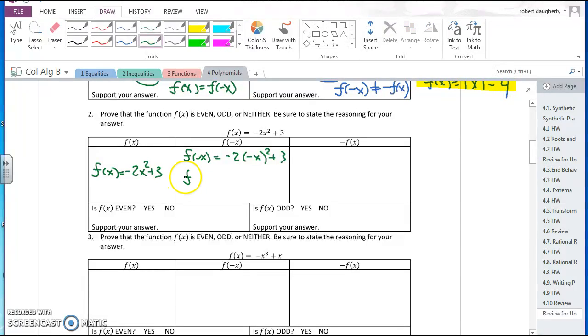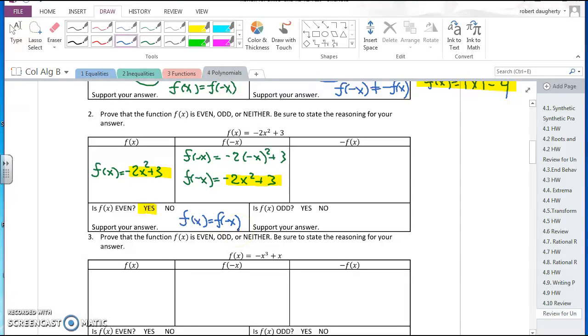So f of negative x is equal to negative 2x squared plus 3. So that means this is an even function. It is even because f of x equals f of negative x.